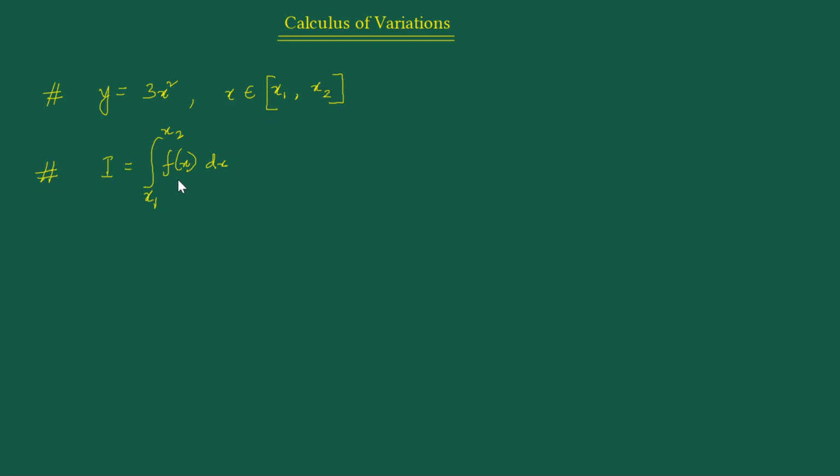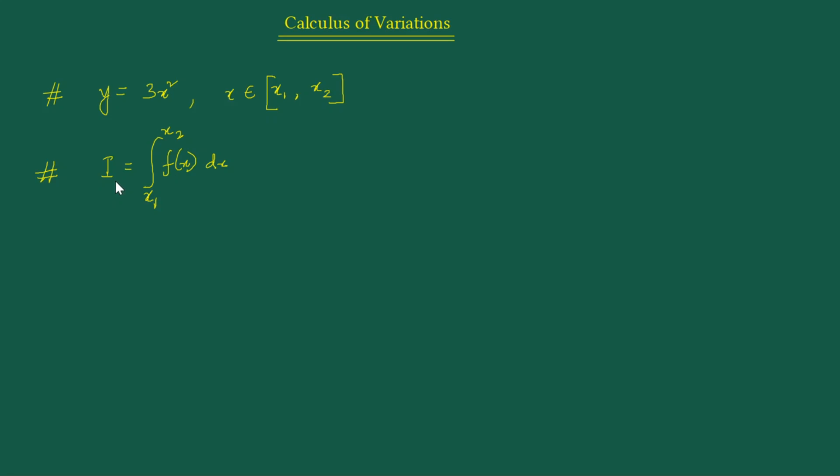For example, if we substitute this 3x squared itself here, it is going to give us a certain value of I. If we take a sine x or a cos x or some complicated expression, that is certainly going to give us different values of I. Now the question is, from among those admissible curves f of x, those choices that we're allowed to make, what is the choice which is going to give us a minimum value of this I?